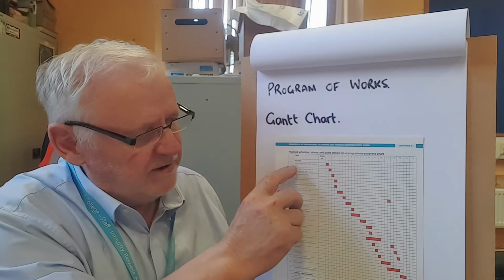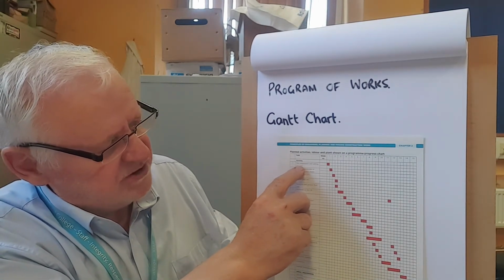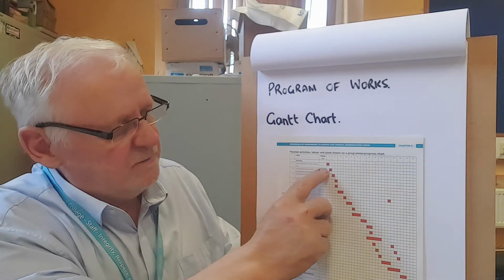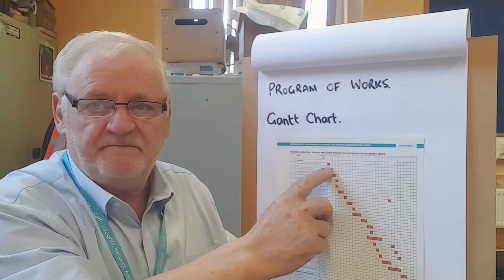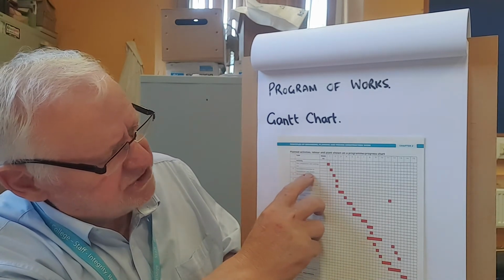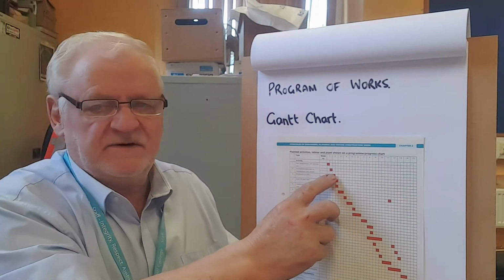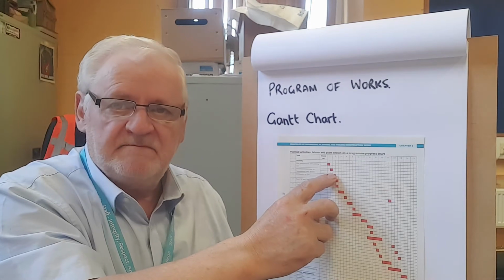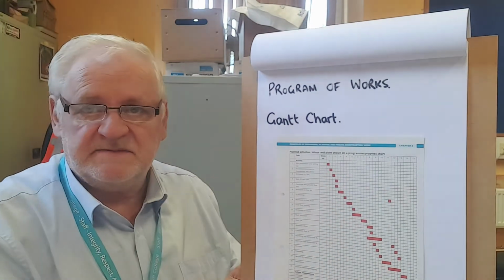So what we do then, we go to the very first thing and it says site preparation and setting out, and we think that that's likely to take half of the first week. Okay, the next thing then is excavation, concreting to foundations and drains, and that's likely to also be commenced in that first week, but that might take some time.